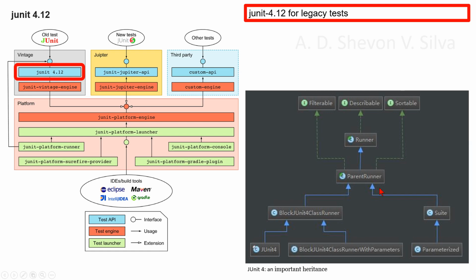Subclasses must implement finding the children of the node, describing each child and running each child. ParentRunner will filter and sort children, handle @BeforeClass, @AfterClass methods, handle annotated class rules, create a composite description, and run children sequentially.